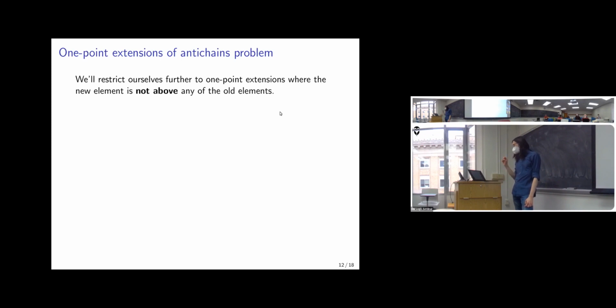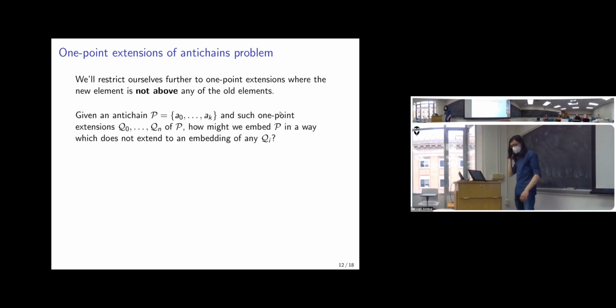For now, we're also going to consider a further restriction, where in the one-point extension, the new element is not above any of the old elements. So let's say you have an anti-chain, dot, dot, dot, and then you're adding a new element. It could be incomparable with the old ones. It could be less than some of the old ones, but it's never going to be above. That's the special case that we're looking at, which is already hard enough.